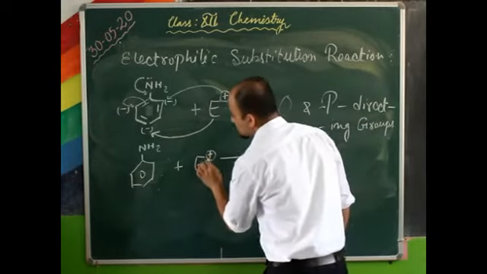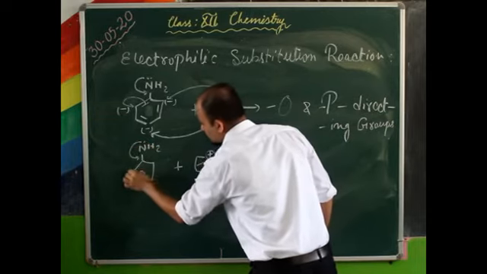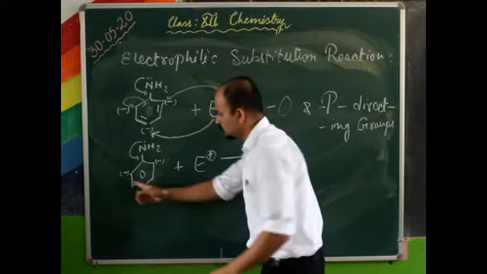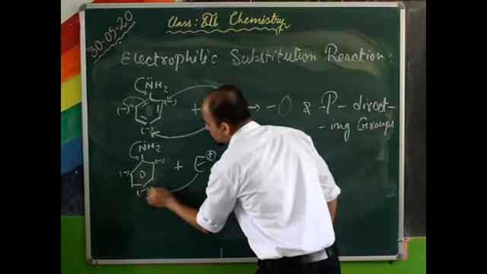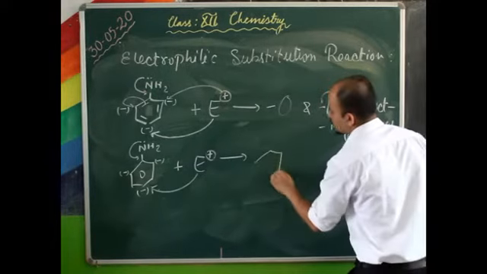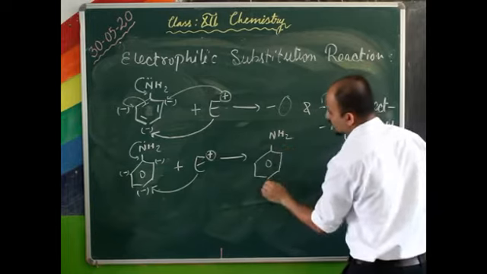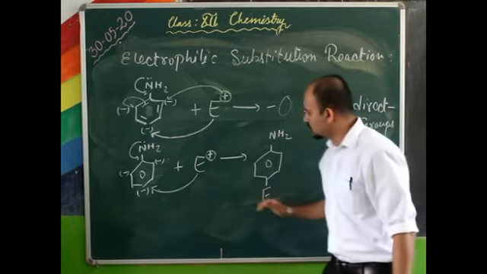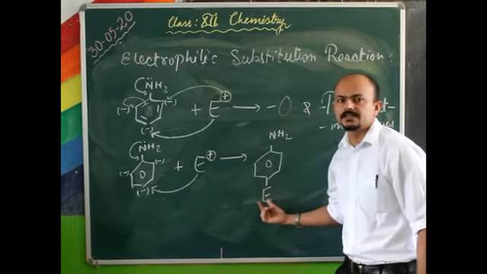Now, since this is an electron donating group, negative charges would be at both ortho positions and the para position. So it could come at one place, say the para position, with NH2 and the electrophile attached at the para position.